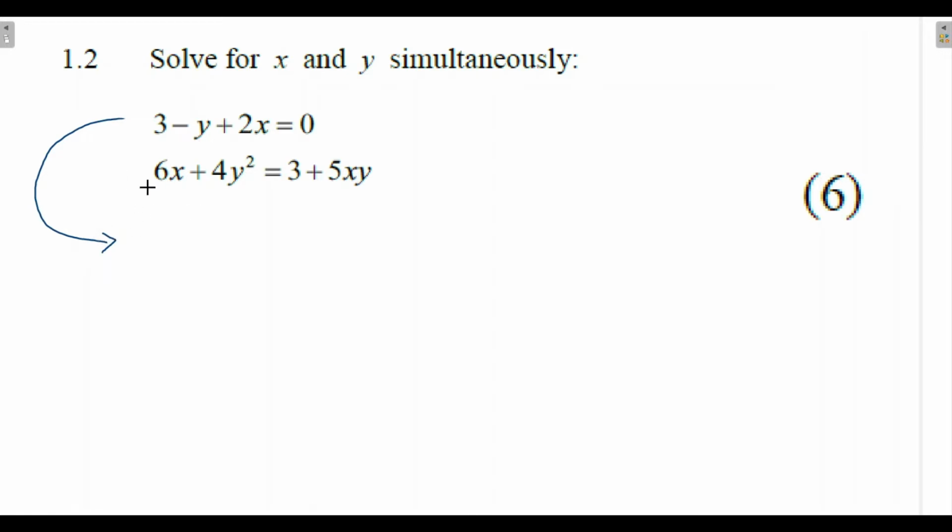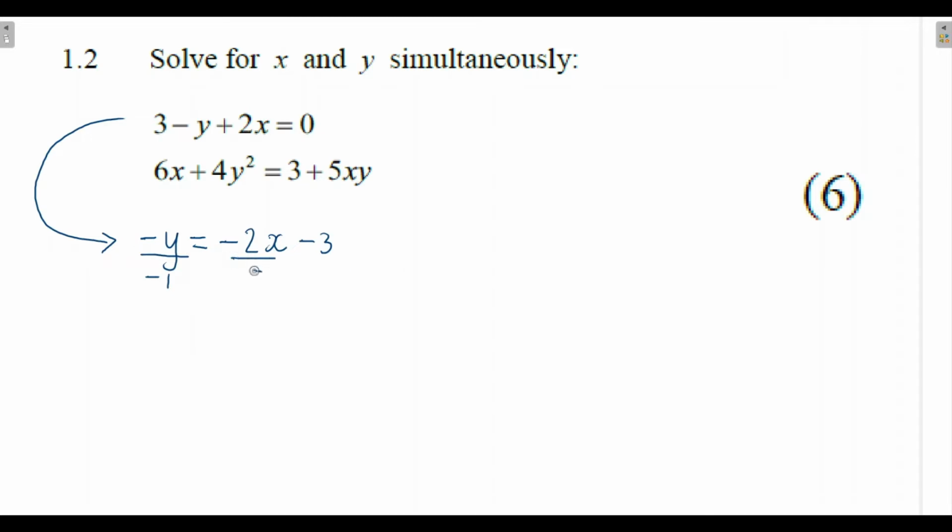When I isolate the y, I'm going to have negative y equal to negative 2x, if you take the positive 2x to the right hand side, and negative 3, if you take the positive 3 to the right hand side. We need to divide by negative 1 to get rid of that negative.